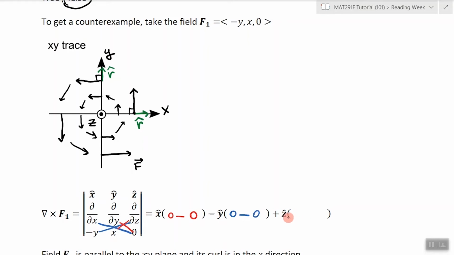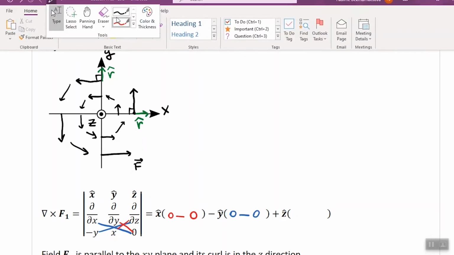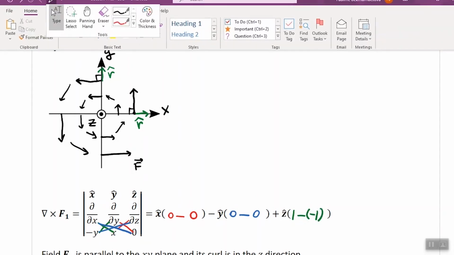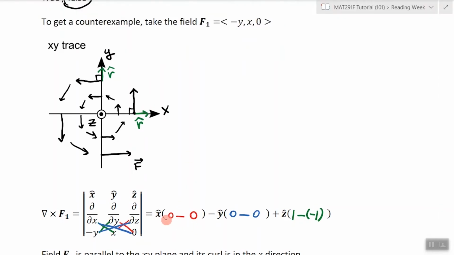For the z component, we get this determinant, which gives us partial x of x is 1, and then we have minus partial y of negative y is negative 1. So then the result here we get 0, 0, and here we get 2. So then this is 2 z hat.